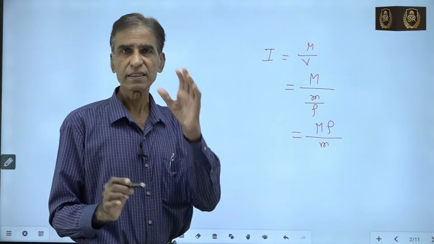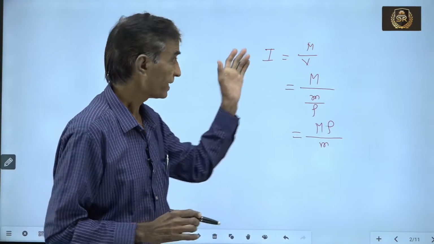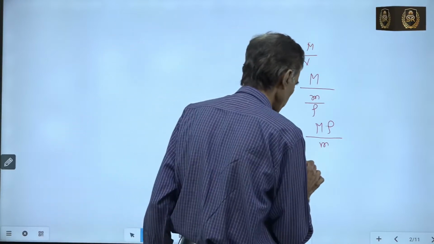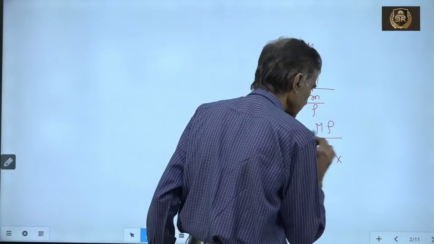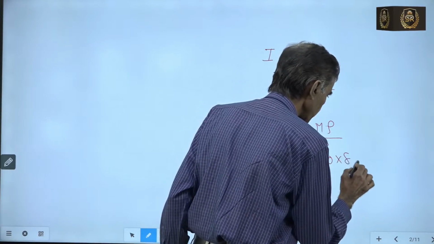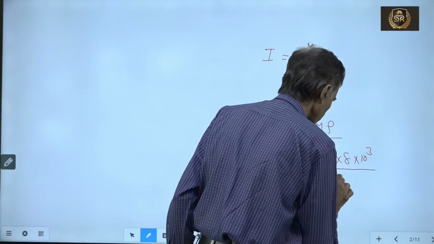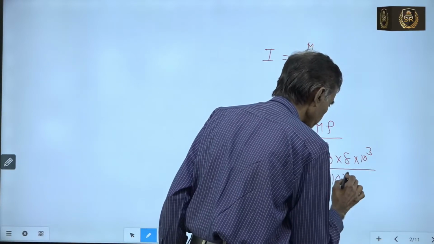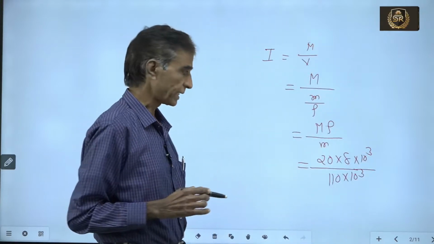Magnetic moment is given, rho is given, and mass is also given. So you can find what the I value is. Magnetic moment is given as 20, density 8 into 10 power 3 divided by mass 110 into 10 power minus 3, isn't it?